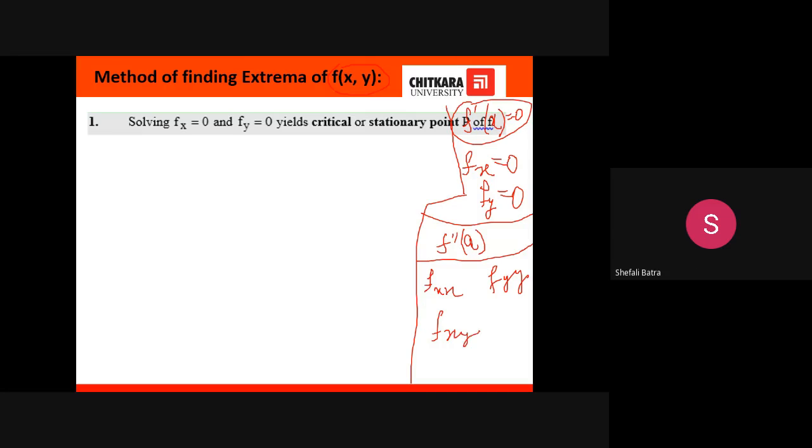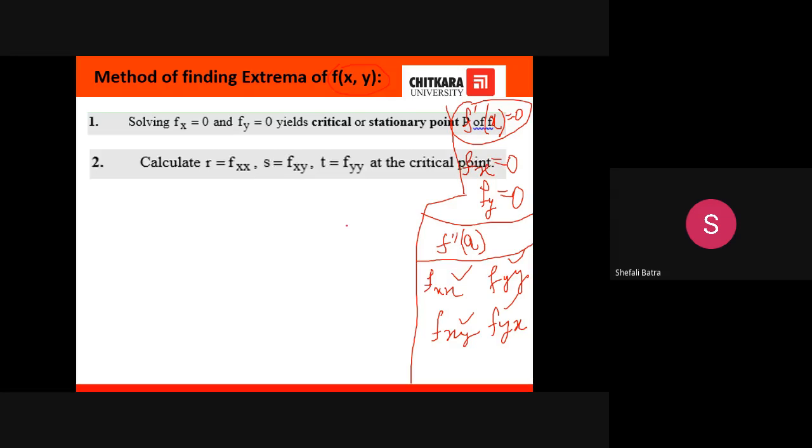Why not fyx, beta? For a continuous function, they both will be the same. Both will be the same, but they exist, na beta? Yes, ma'am. So there are four second order partial derivatives. So we need to use all four, right?